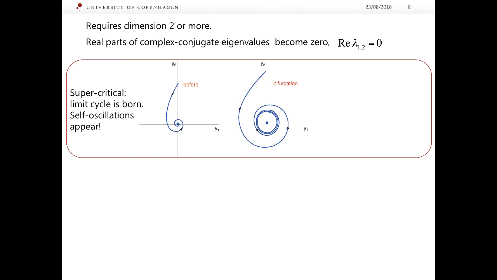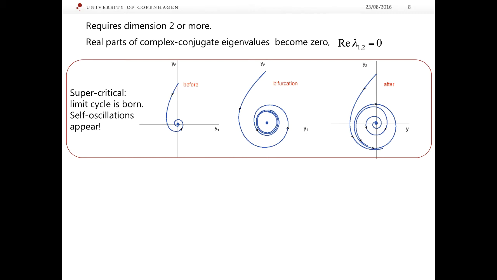When the control parameter exceeds its bifurcation value, the real part of the eigenvalues is now positive, so the fixed point becomes an unstable focus, which means it is not an attractor any longer, but around the fixed point a new object suddenly appears, called a limit cycle.